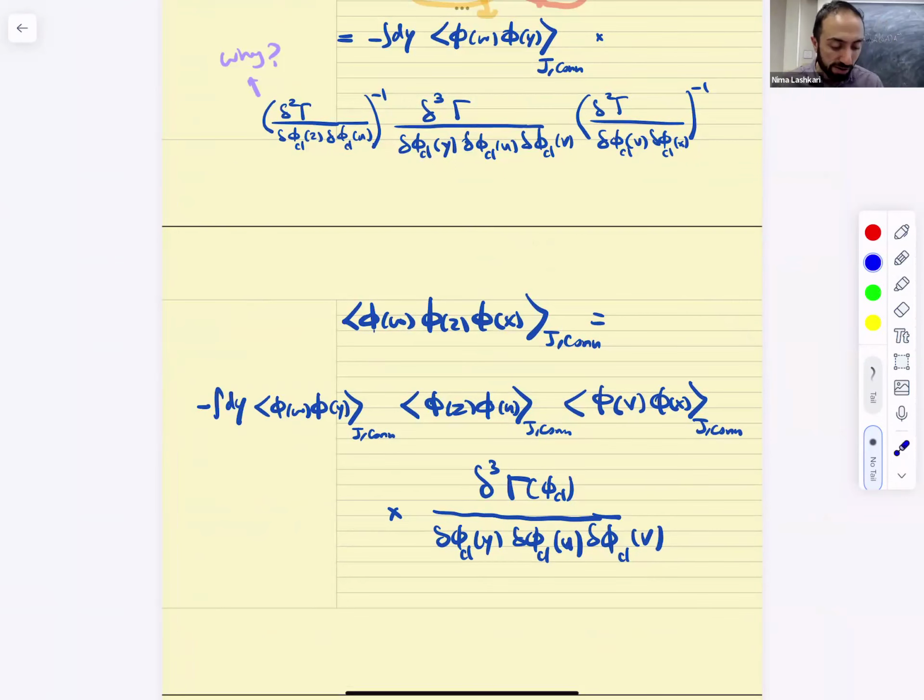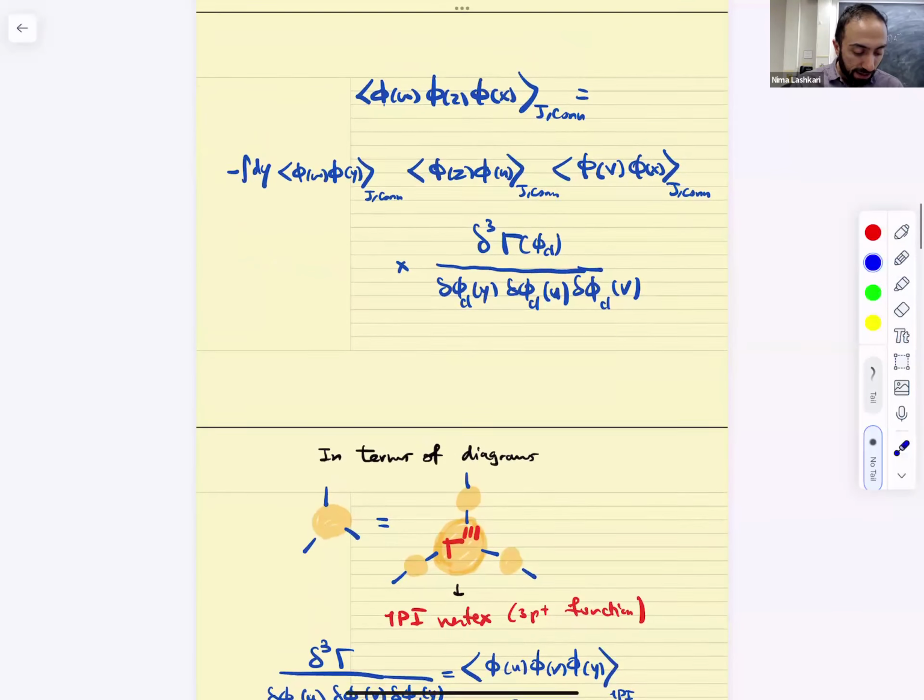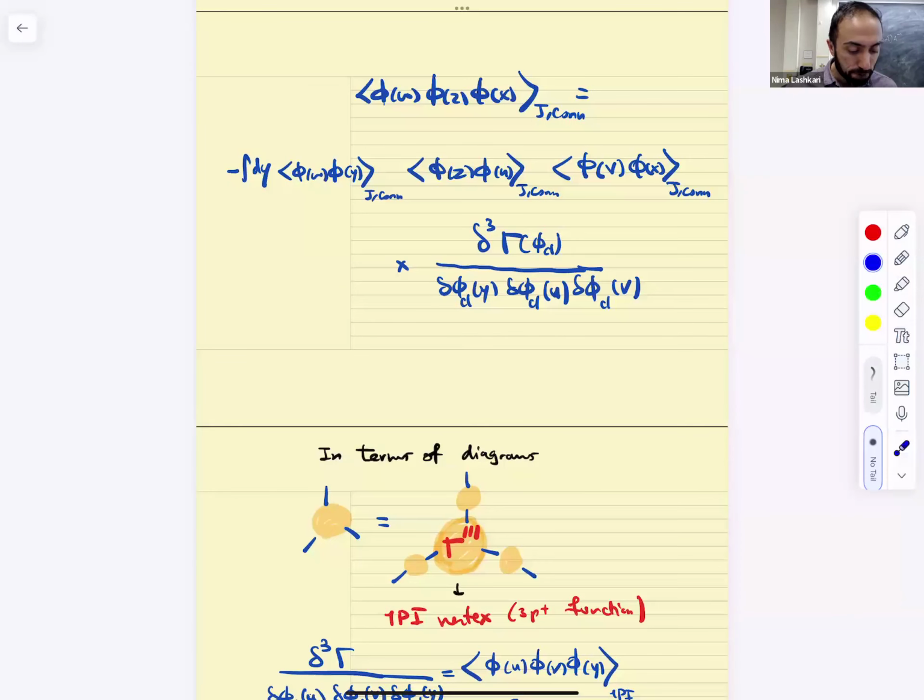Let's draw this diagrammatically. This is the 3-point function. It's connected, right? This is a connected 3-point function. This is equal to the third derivative of the effective action multiplied by the connected 2-point functions. What is that? That is the 1PI vertex.